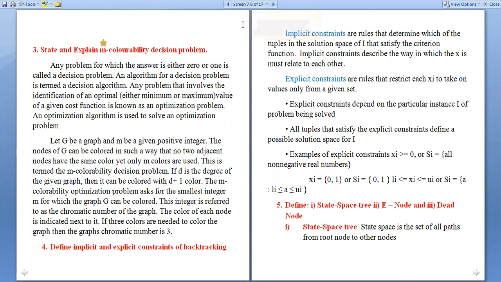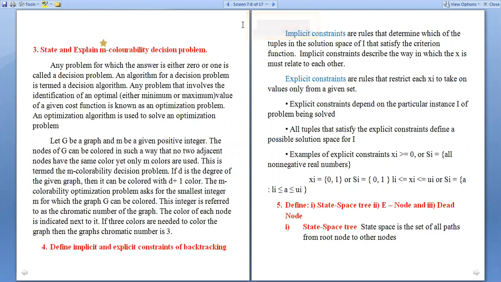Then it can be colored with D plus 1 colors. Suppose the degree of a graph is 3, for example. Then you can color the graph with 4 colors. So the M colorability optimization problem asks for the smallest integer M for which the graph G can be colored.